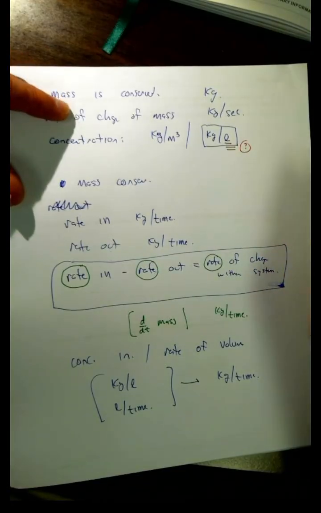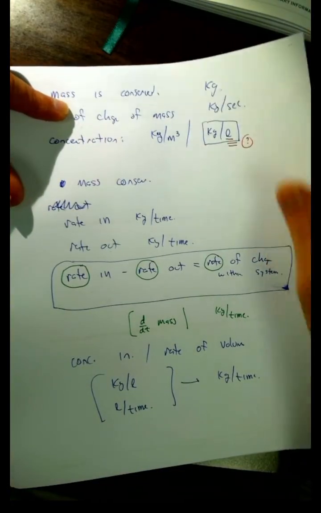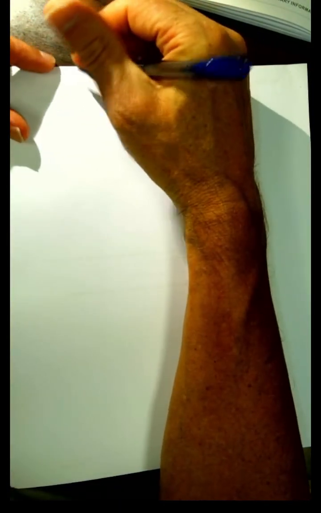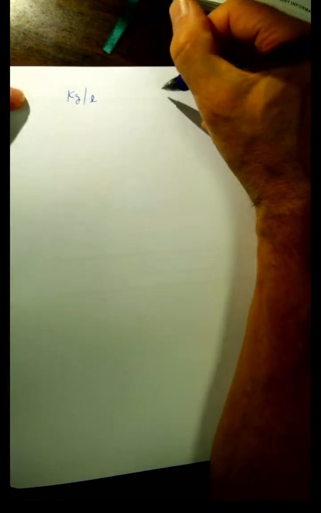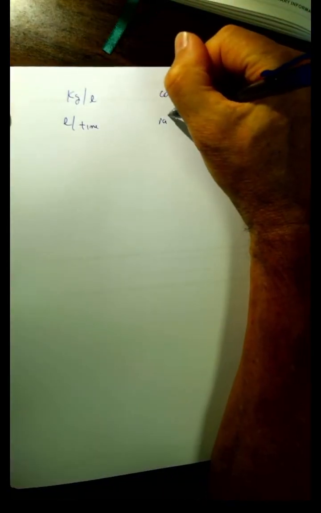Right, so we're essentially going to use the unit analysis that you saw in chemistry. So if you have some number of kilograms per liter coming in, this is concentration, and it's coming in at some number of liters per time. So this is some rate of fluid flow coming in. How do you get kilograms per time? So what's the number of kilograms per unit time coming into the system?